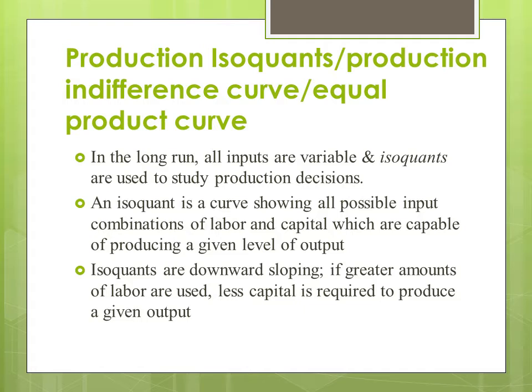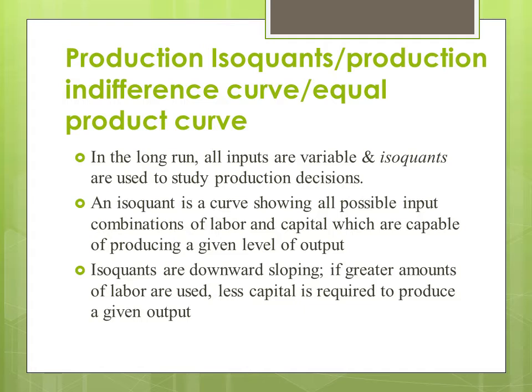Basically, the isoquant theory concept relates to the neoclassical school of thought, and Professor Hicks is the father of it because its behavior looks like an indifference curve. An isoquant is a curve showing all input combinations of labor and capital which are capable of producing a given level of output.